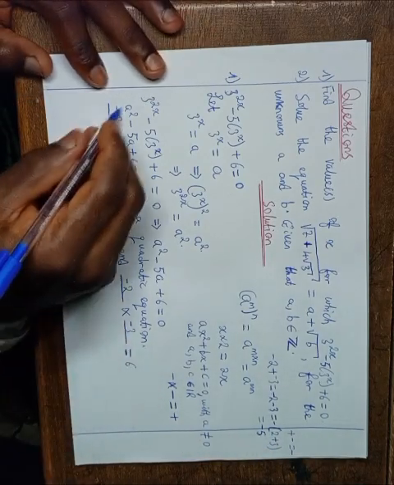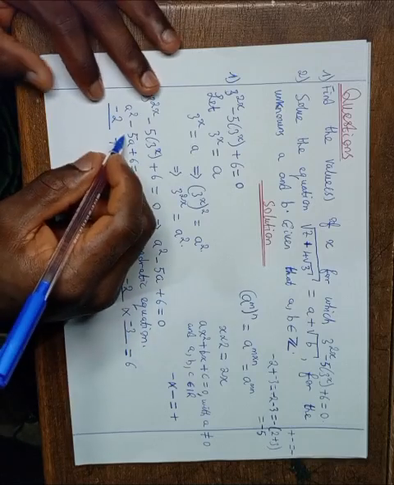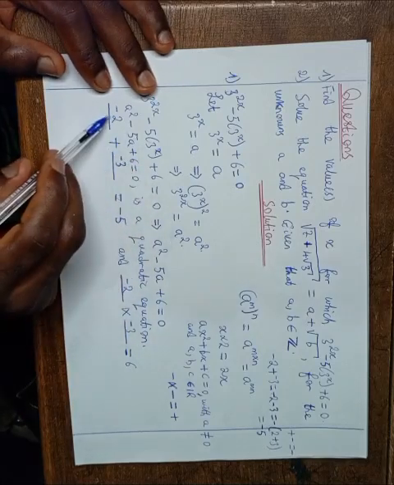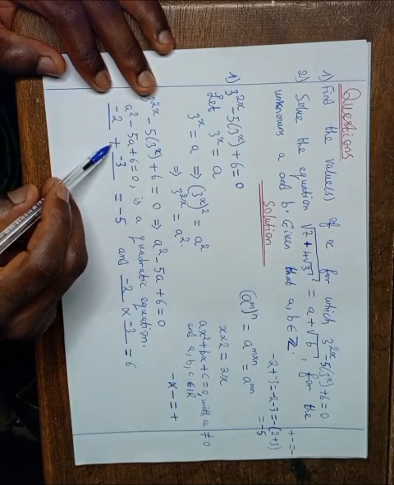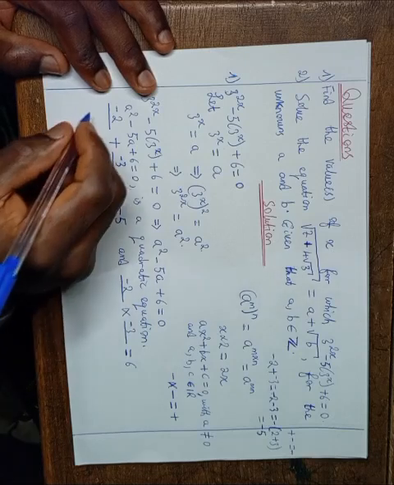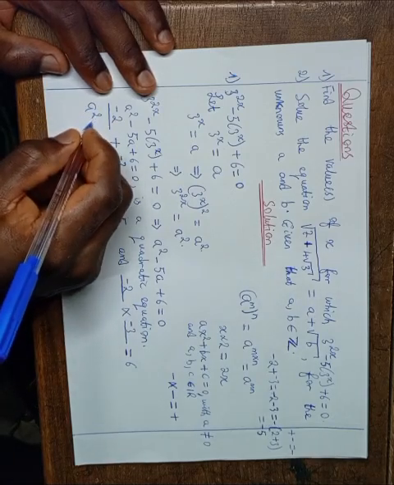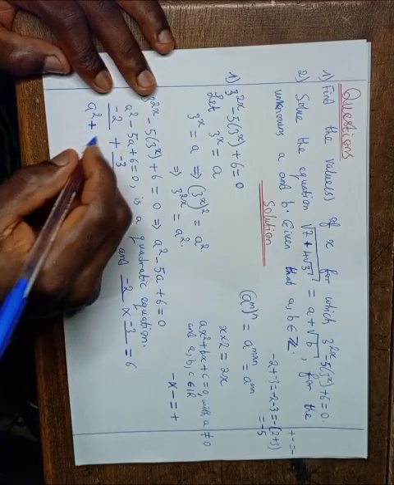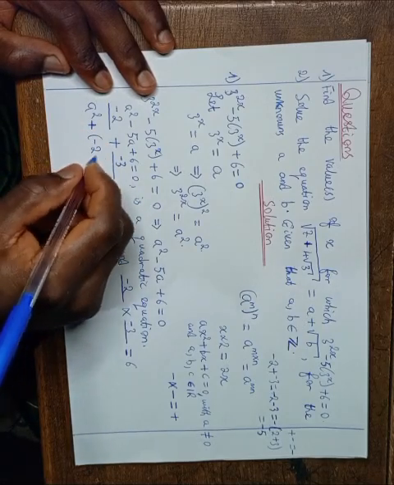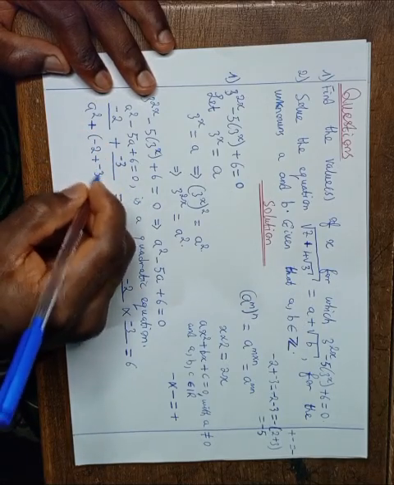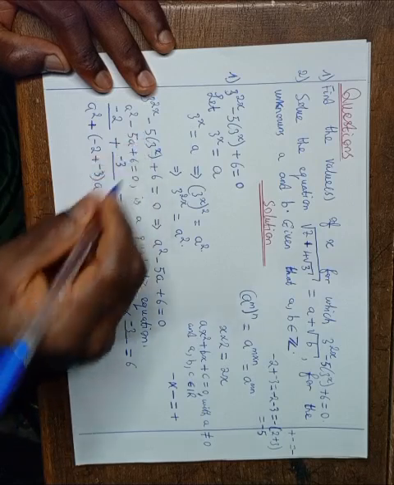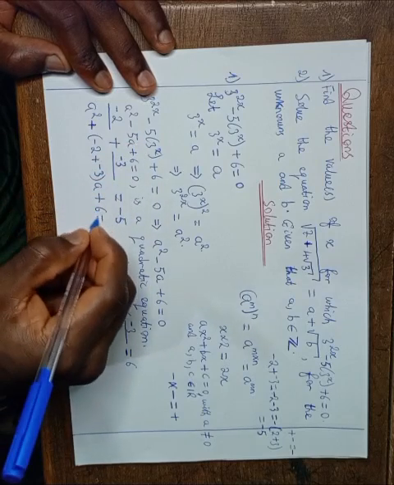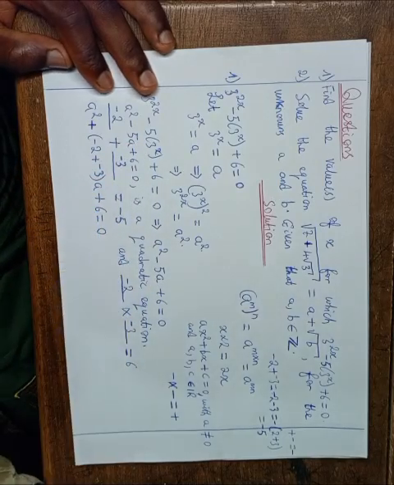Next, we are going to write down this equation. Where we have -5, we are going to replace -5 with -2 plus -3. This will give us a squared, plus the bracket -2 plus -3, times a, plus 6 is equal to 0.